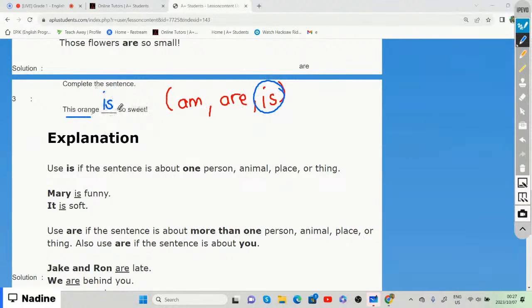And is refers to the one orange, because there is only one orange that we are talking about. So we don't say am sweet and we don't say are sweet, because am refers to I and are refers to more than one person, animal, place, or thing. This orange is so sweet.